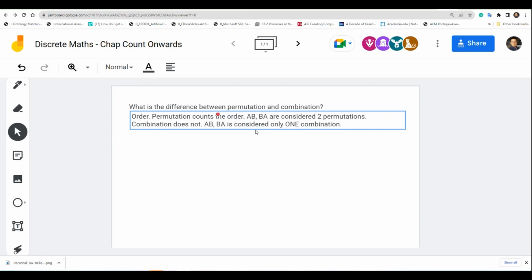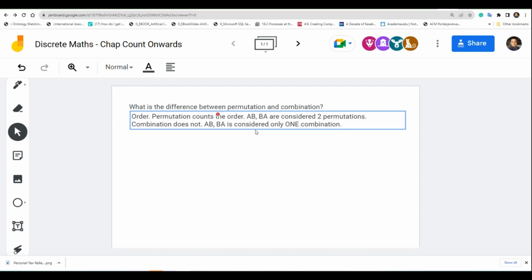Now, let's say from this class, I need to choose number 1 student, number 2 student, and number 3 student. Number 1 with the highest score, second with the second highest score, third with the third highest score, for example, from the test 1. So is that combination or permutation? Definitely it's permutation, right?